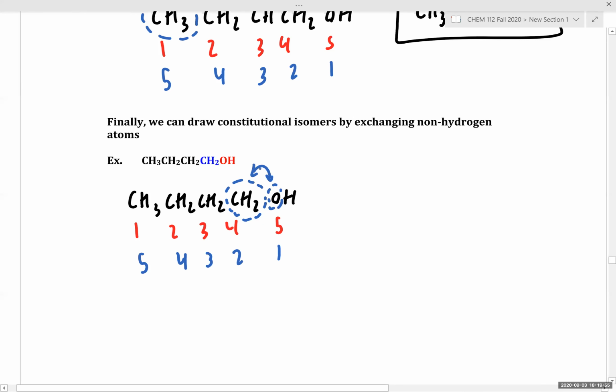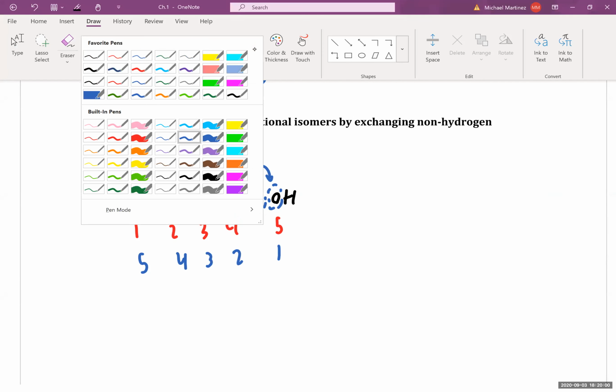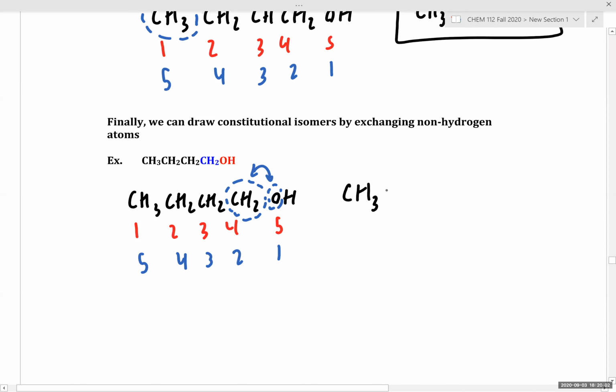If we do that, we end up with the following constitutional isomer.